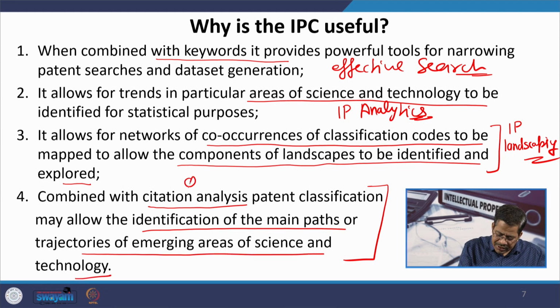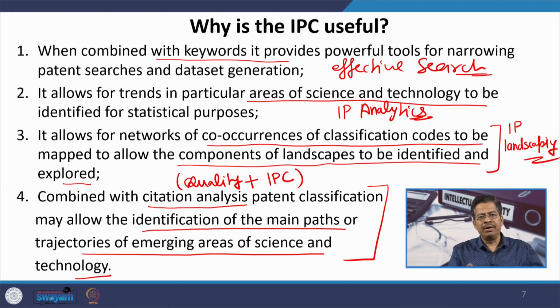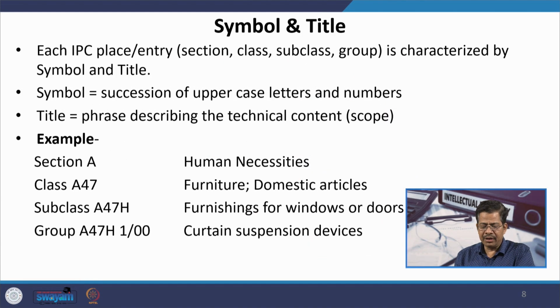So, this is the quality of your patent, the quality of your IP, plus IPC. It helps you in getting the trend of science and technology. So, these are all important uses of IPC.